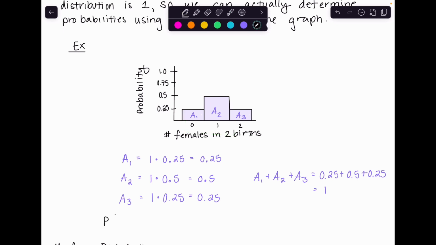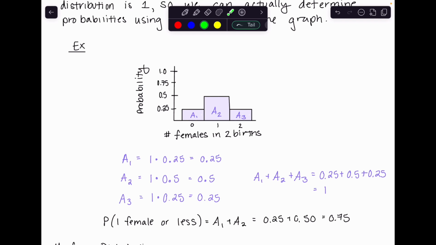So my probability of 1 female or less is really area 1 plus area 2. So a 25% and a 50% chance means there is a 75% chance of having 1 female or less in 2 births. So this works really nicely with these probability distributions.